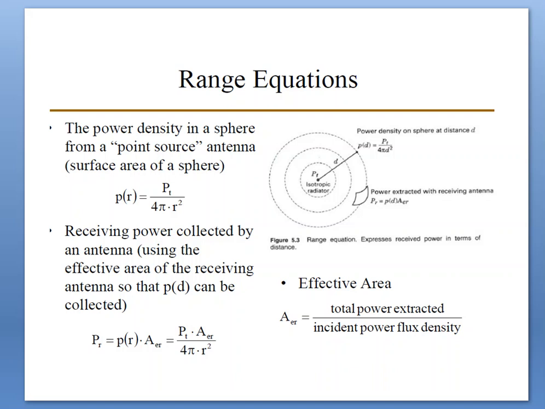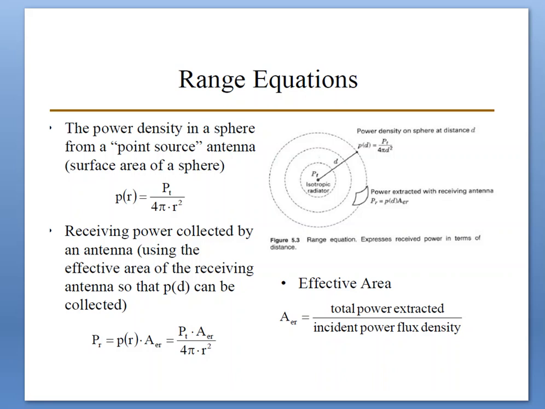Based upon the value of PT, we calculate the power density P of d, that is equal to PT divided by 4 pi d square, or in terms of R, PT divided by 4 pi R square if R equals d, since 4 pi d square is the area of the sphere.